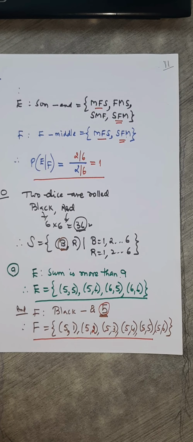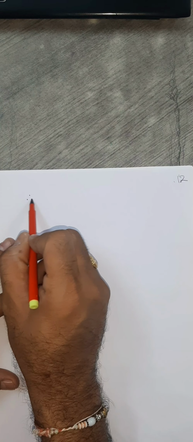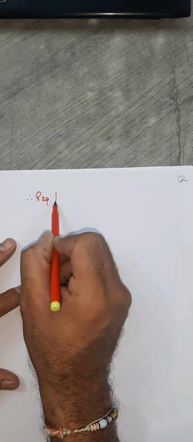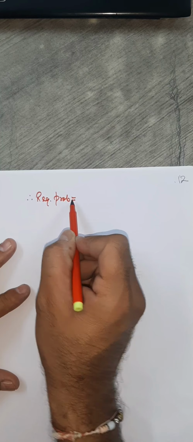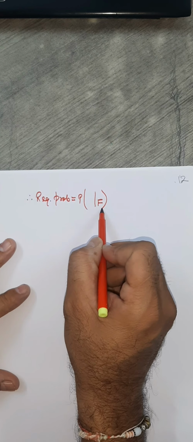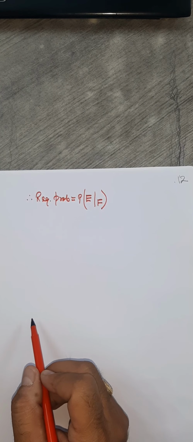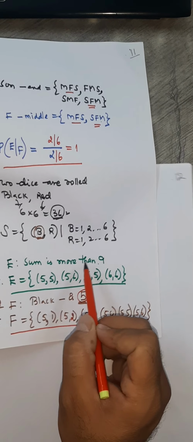So here in the first one, you have the required probability. Which event has occurred first? Event F. So I'll write F here, and then the probability of the event E. Event E means the summation is more than 9.